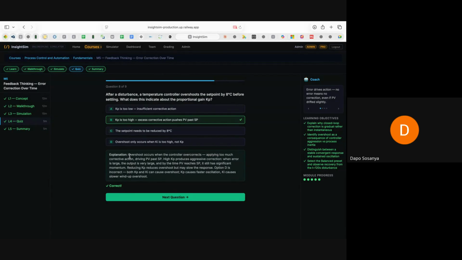If 1% of energy consumption costs 100,000 naira, then a 10% increase means you are incurring 1 million naira in addition to your production cost. And that has reduced the profit margin of the organization.